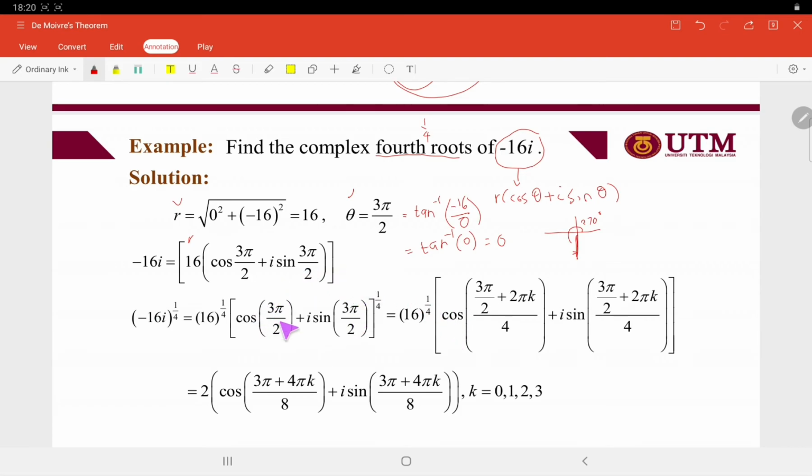From here, we use the formula from the previous slide, which is cos of theta plus 2k pi divided by n, where n is given as 4, plus i sine of theta plus 2k pi divided by 4.